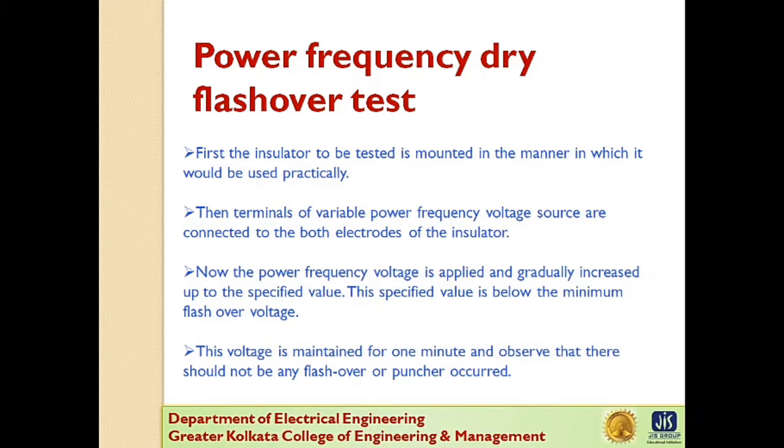The voltage is gradually increased up to a specified value, which is less than the minimum flashover voltage. The voltage at which the surrounding air of the insulator breaks down and becomes conducting is known as flashover voltage. The insulator must be capable of withstanding the specified voltage for 1 minute without flashover.